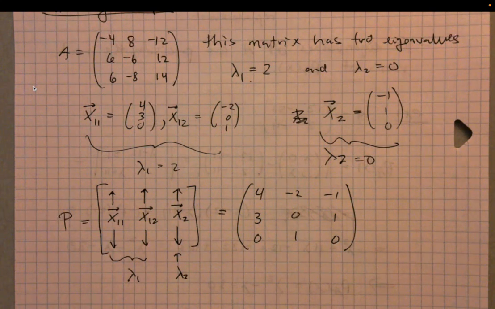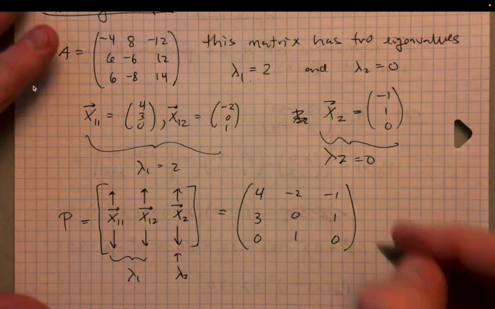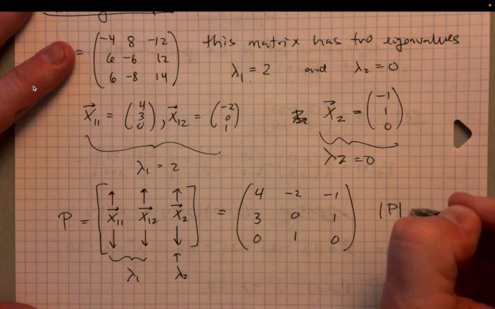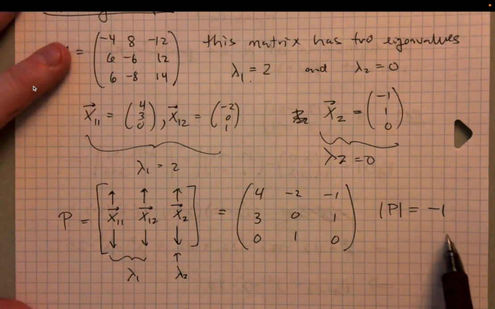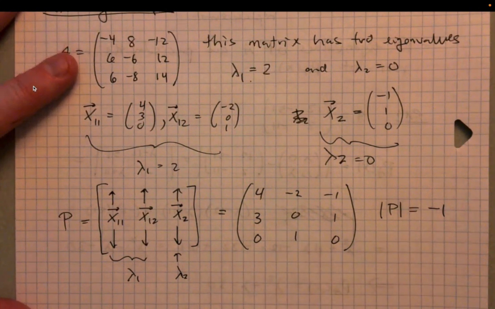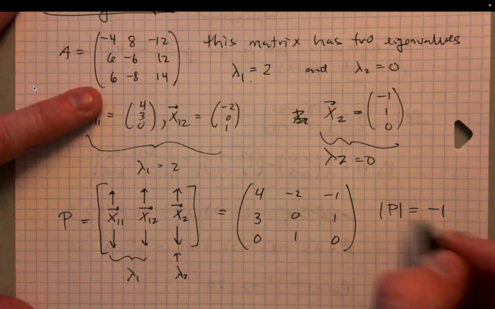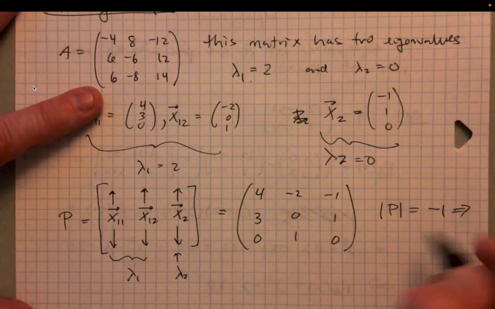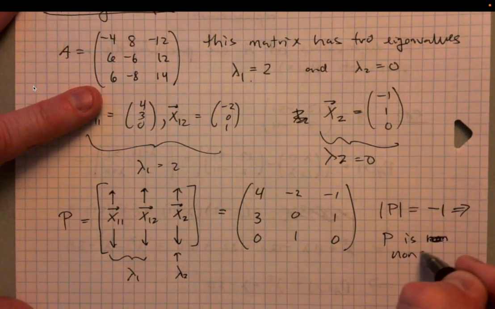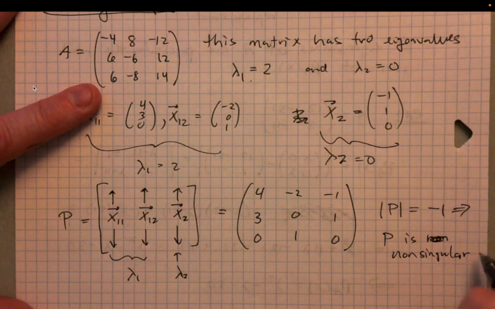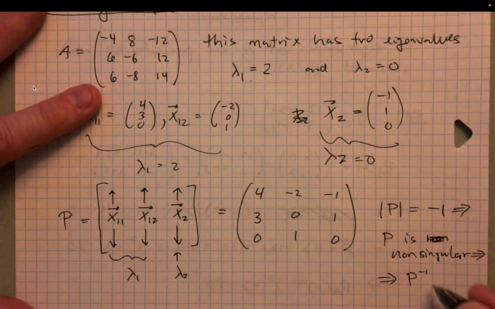Now we can calculate the determinant of P if we want to, and we'll see that the determinant is negative 1. The determinant isn't important for what's to follow, but what is important is that P be non-singular. So P has a determinant of negative 1, and that implies P is non-singular. What does that further imply? P inverse exists.